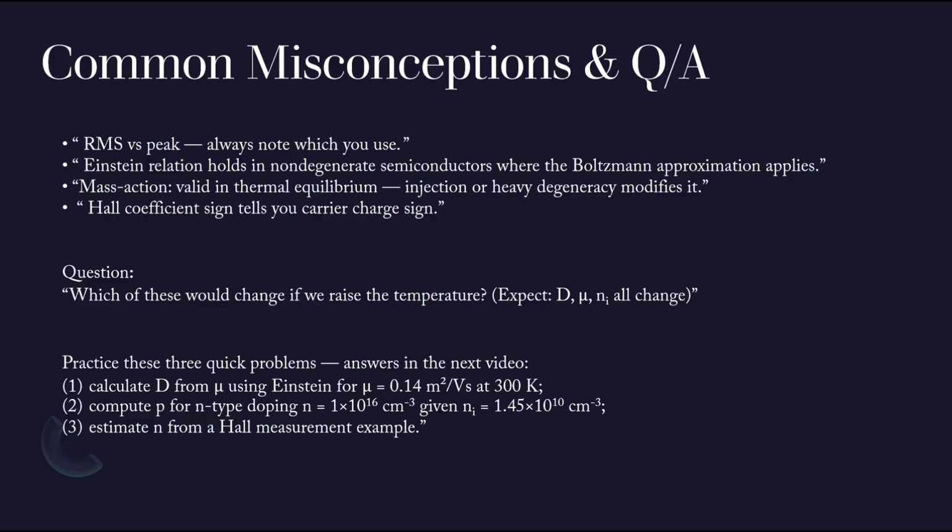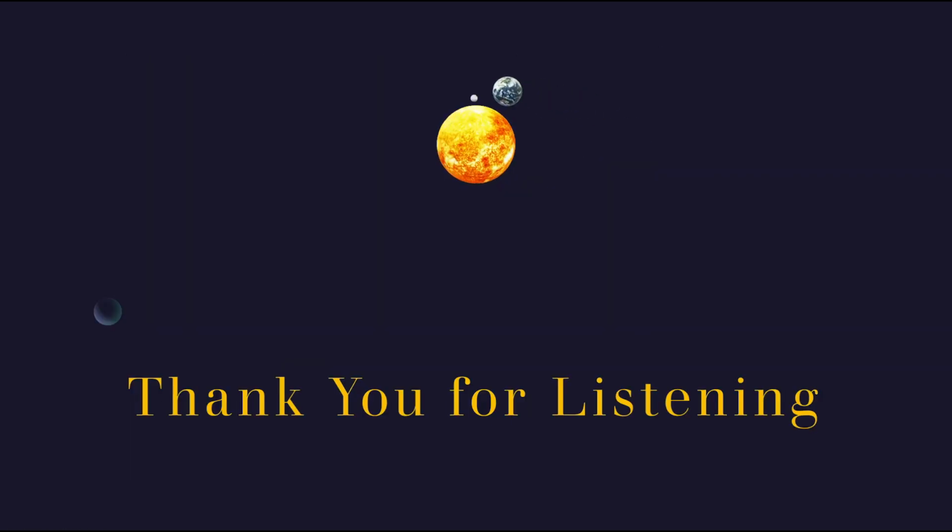Then you can try and practice this problem to calculate D from mu using the Einstein relationship, where mu is given by these values, and compute the value of p for n-type doping considering these values, and then estimate n from the Hall measurement example. These are a few questions which you can try, and you can discuss those in your comments, and if required we will continue those in our next lecture.